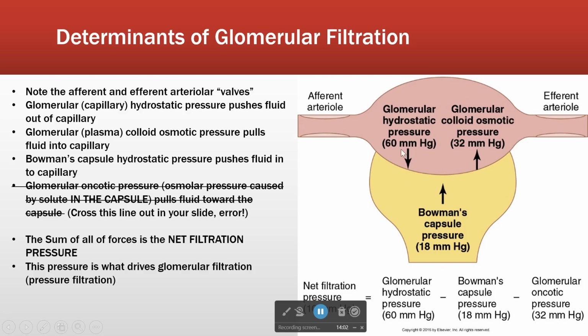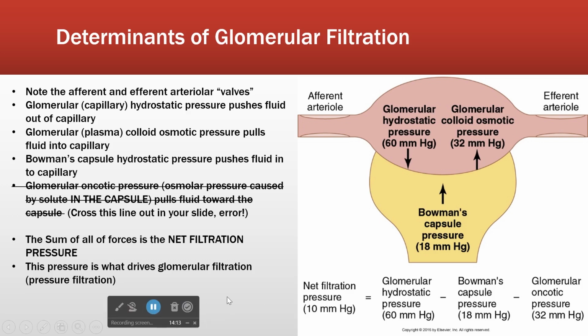If glomerular filtration is driven by pressure, let's look at what some of those pressures are, because we're going to start moving factors around and seeing how things change in a minute. So we made our glomerulus even simpler. We have our afferent arteriole, our efferent arteriole, and here's our glomerulus.